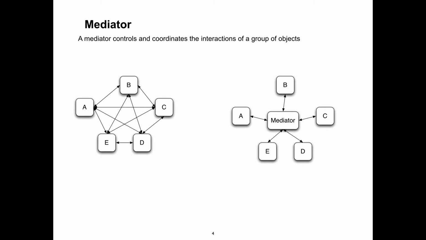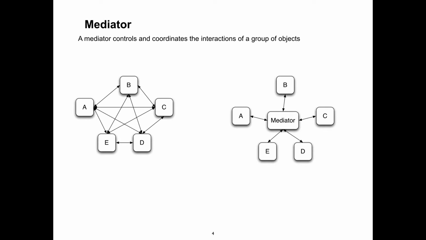Yeah, so the mediator is what the English word implies, right? Someone sort of coordinates interaction with a bunch of objects. And the goal is, if you have a bunch of objects that interact with each other, then the interactions can get complicated together.